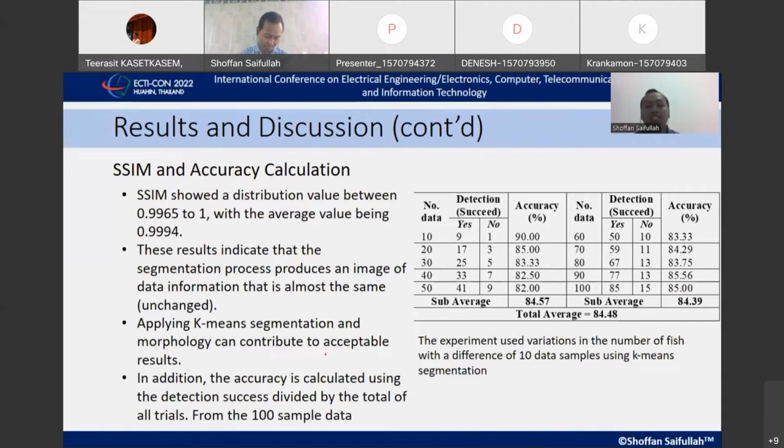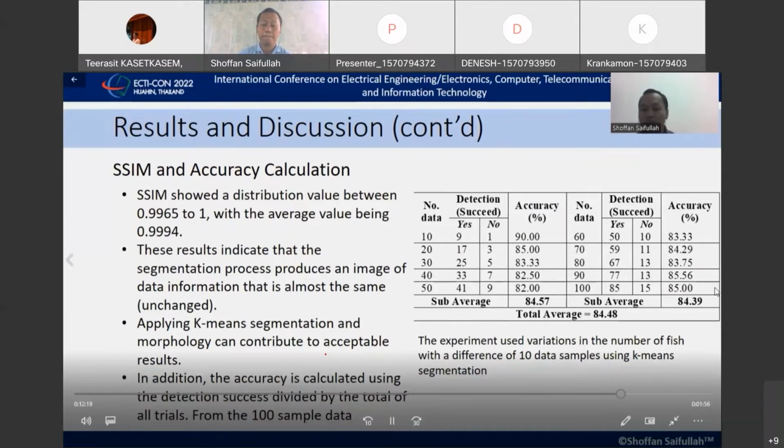This is unchanged. So applying the Kalman segmentation and morphology can contribute to an acceptable result for fish detection. In addition, the accuracy is calculated using the detection success, defined by the total of trials from the sample data. Here, we are talking about the accuracy.